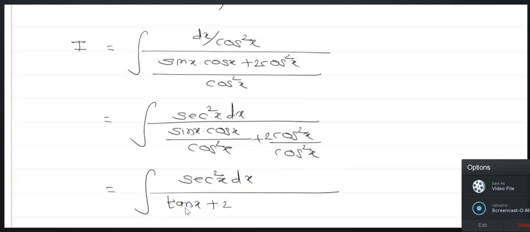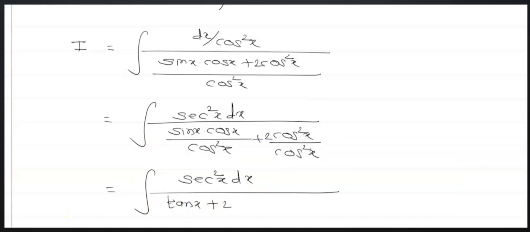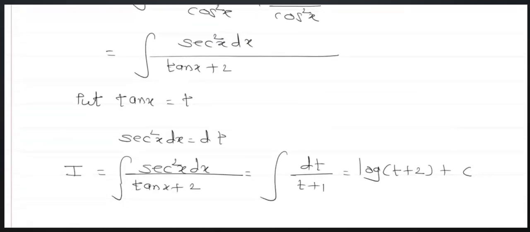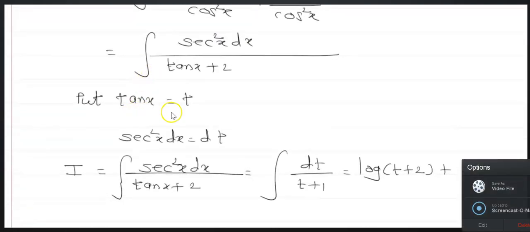Tan of x is equals to t, and we can solve this integration. Tan of x is equals to t, thereby its derivative is a sec square x into dx is equals to dt. Therefore, I is equals to integral sec square x into dx upon tan of x plus 2. This is dt upon t plus 2, that is equals to log of t plus 2 plus c.